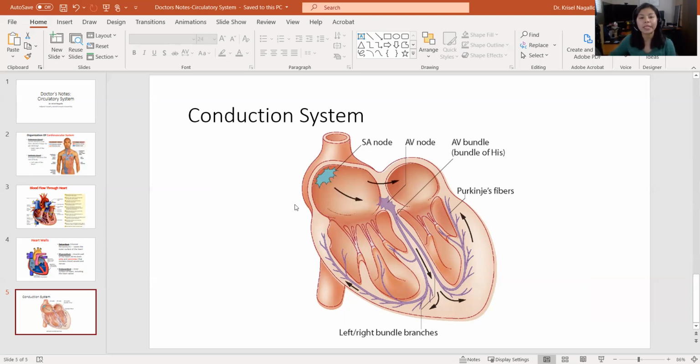What then happens is that nerve signal is transmitted to the atrioventricular node located here. Notice it is located between the atria and their respective ventricles.